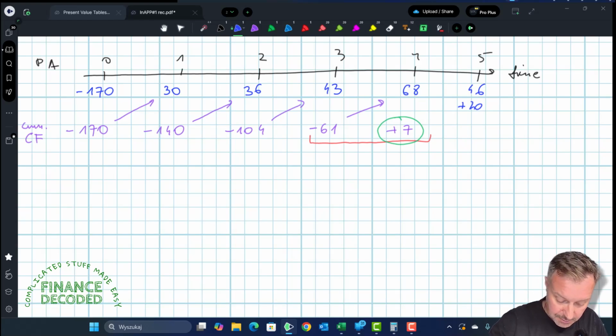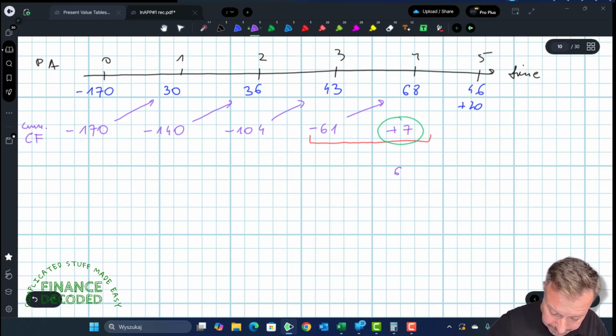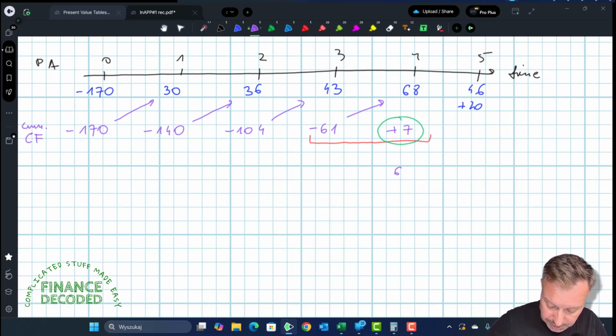How can we calculate it? In year 4, we need to produce 61 in order to achieve 0 here, and the total cash flow of year 4 is 68.